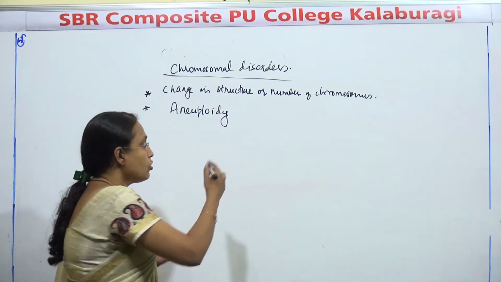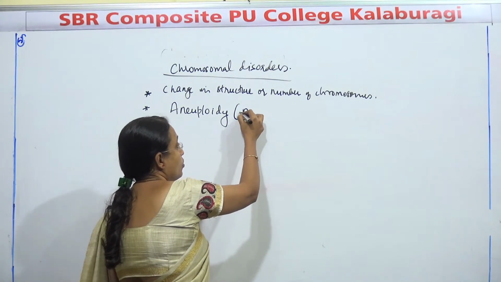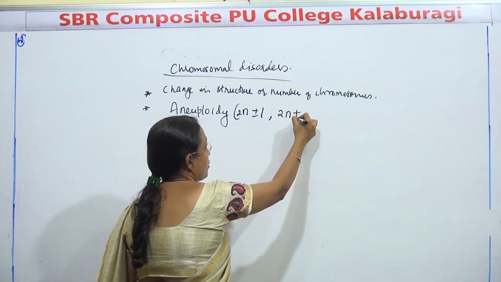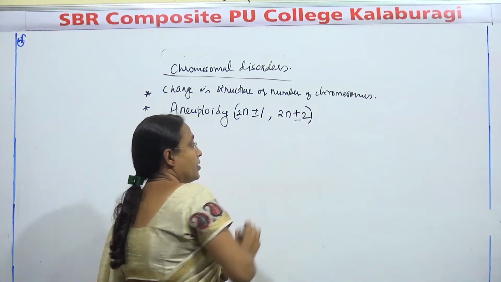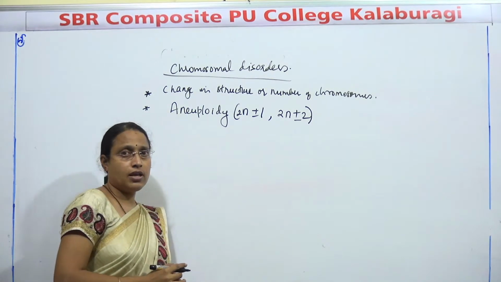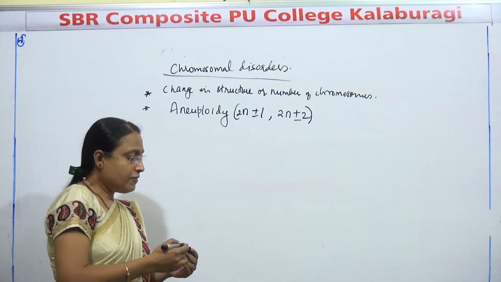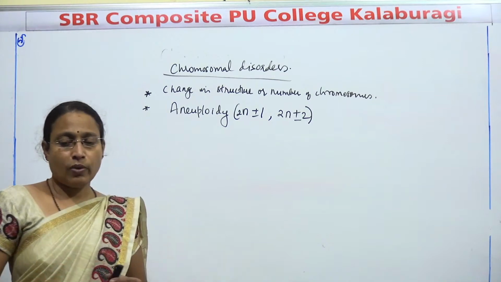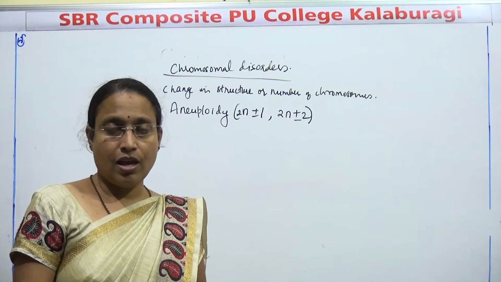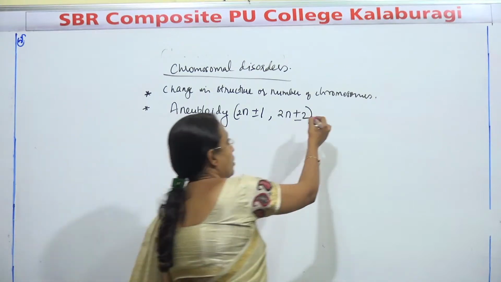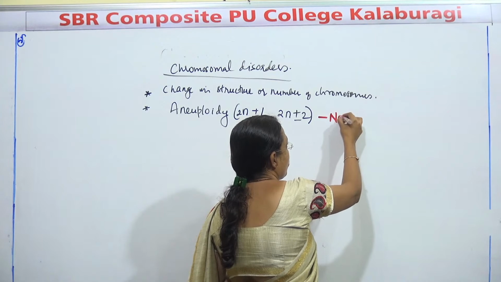Together, you can write it as 2n plus or minus 1, or 2n plus or minus 2. These two conditions refer to nothing but aneuploidy. One of the main reasons why aneuploidy occurs, why there is an extra chromosome, is non-disjunction of chromosomes.